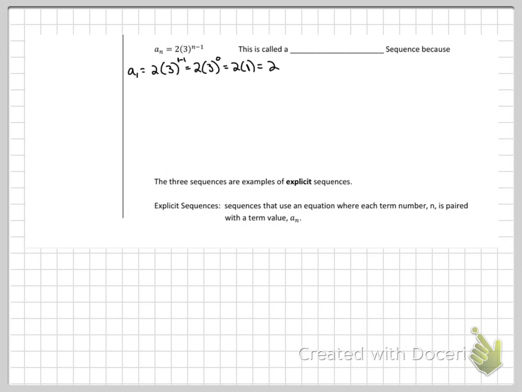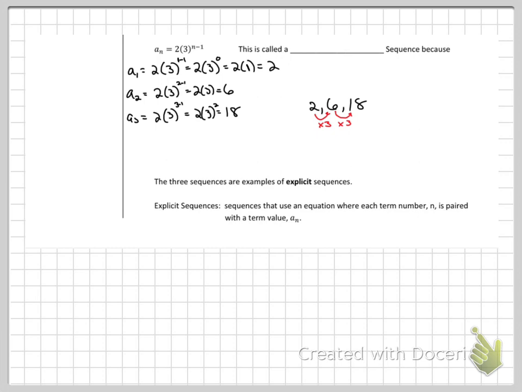I'm going to leave some room up there for words this time. 2, comma, A2, 6, A3, 18. Once you've gotten a few done, you start to realize what's happening. Times 3, 2 times 3 will get me 6. 6 times 3 will get me 18. So I can keep doing that and get the next terms.